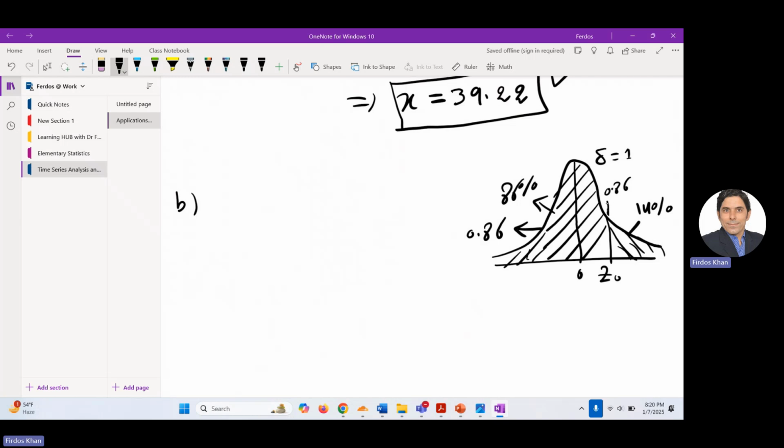You need to check the value of z against this probability in the table, and that will give you the value of z naught in this case. Let's see how.